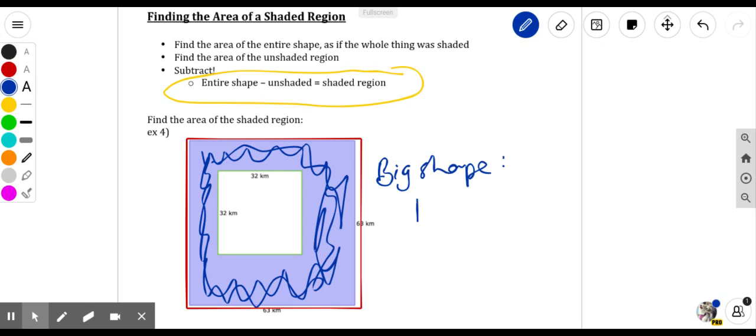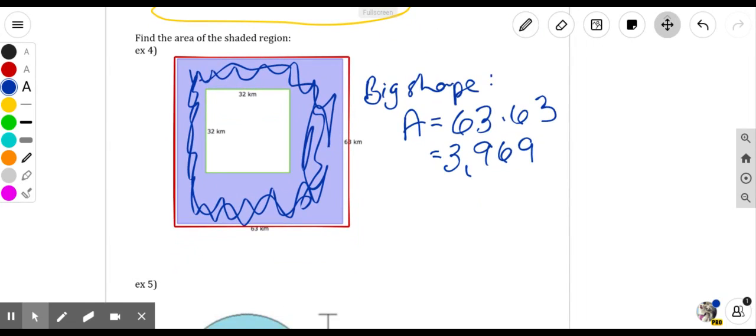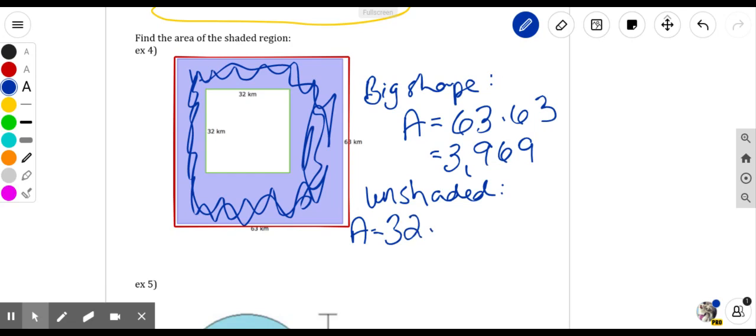A square, you do length times width, which they're the same. So 63 times 63. And that's going to be 3,969. Then we're going to do the unshaded part. This is another square, so 32 times 32.